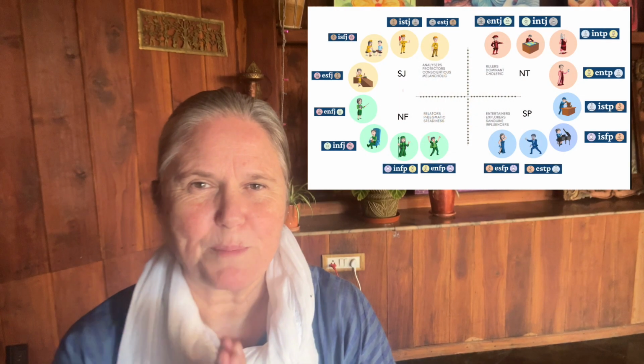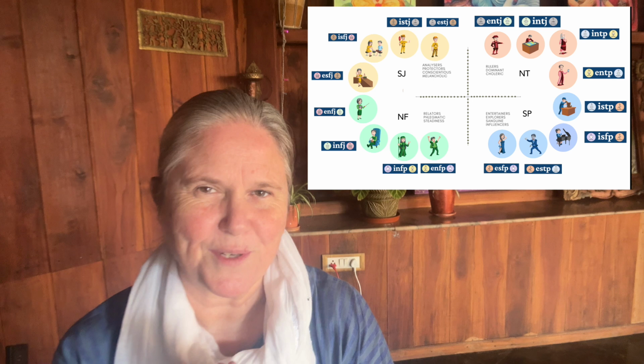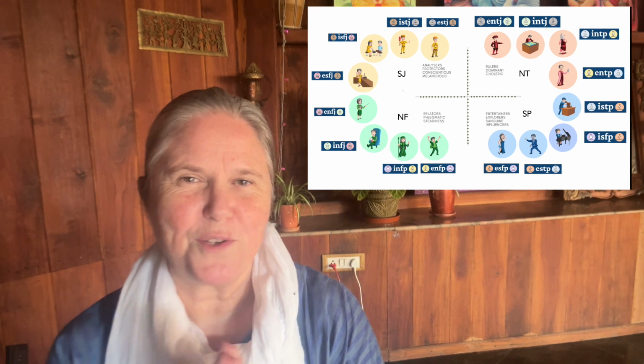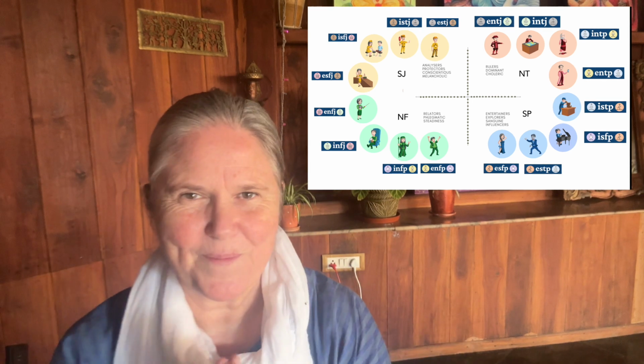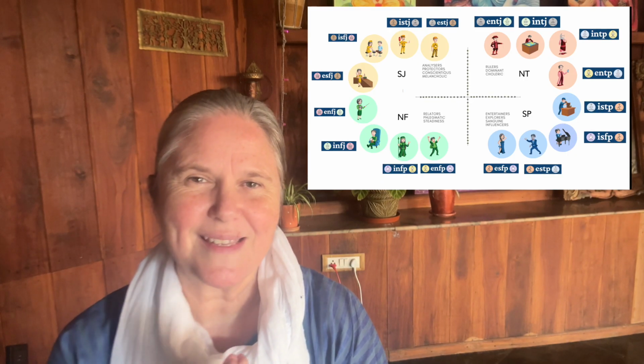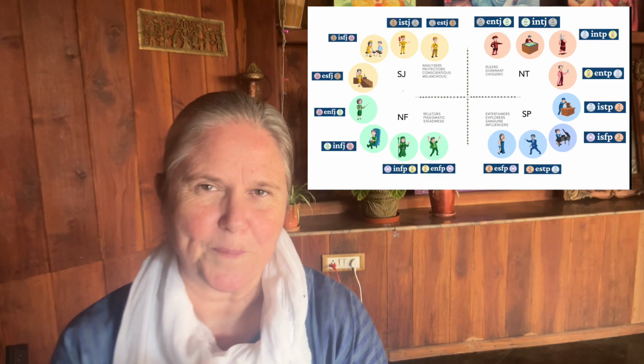I do this by looking at which family they belong to. This is introducing you to the whole family of MBTI types, but you can see that within the 16 types there are 4 groups of 4.